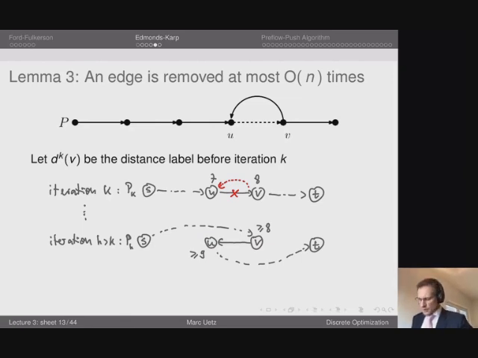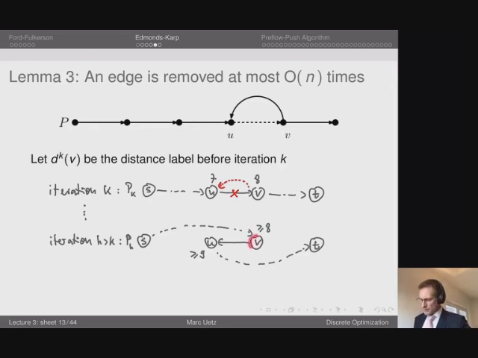Why is that true? Well, this edge got removed in iteration k. In order to be removed again, it must first come back. So that means we will have to use an augmenting path in the opposite direction from V to U. And now remember that we had lemma number 2, which said that the distance labels across these iterations are only monotonically increasing.